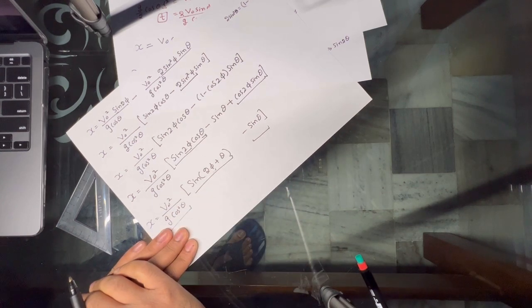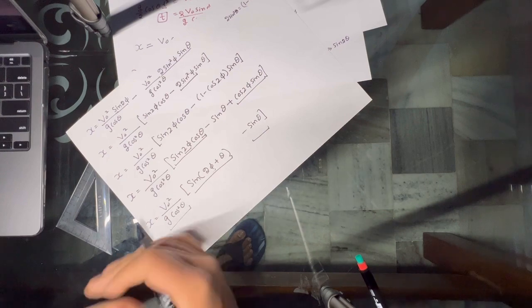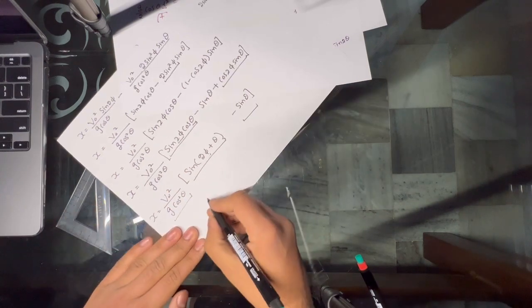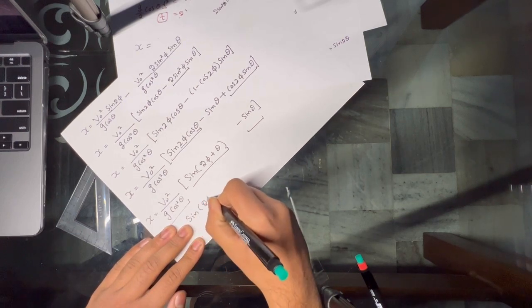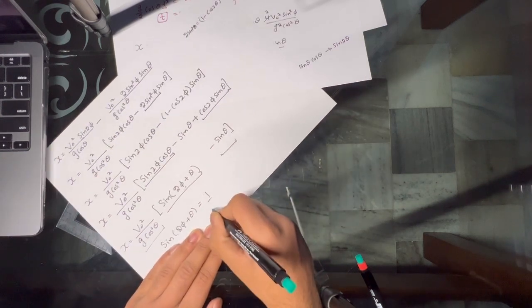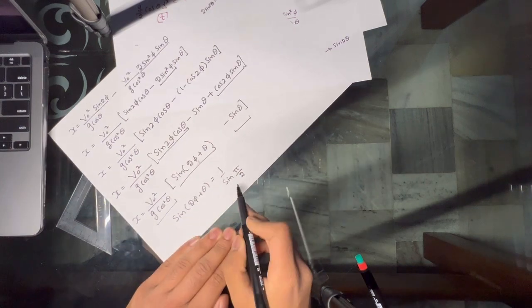So we want to make this term as big as possible. What is the maximum value of sine? It is equal to 1, and when is it 1? When we take sine of 90. Okay, so sine 90 is equal to 1. So here we want sine of 2 phi plus theta equal to 1, and that happens when the angle is equal to pi by 2, which is 90 degrees.